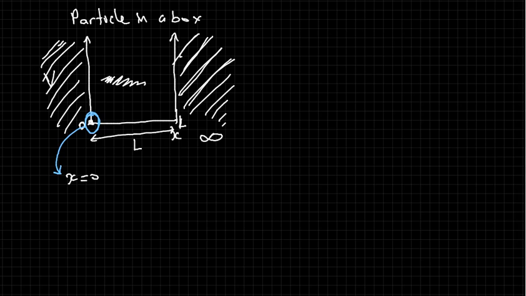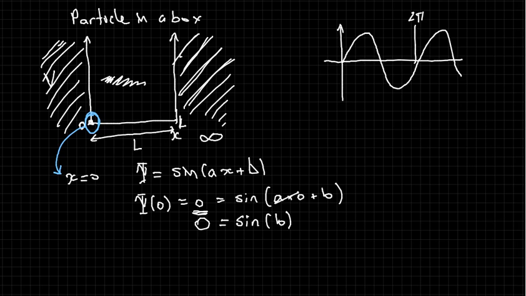And so we say that our function, which is sine of ax plus b, when looked at position 0, has got to be equal to 0. So that means sine of a times 0 plus b has got to be equal to 0. The a goes away in this case, and we've got that sine of b has got to be equal to 0. And so we've got to think about solutions for which this is the case.